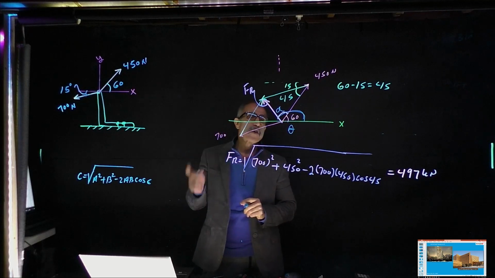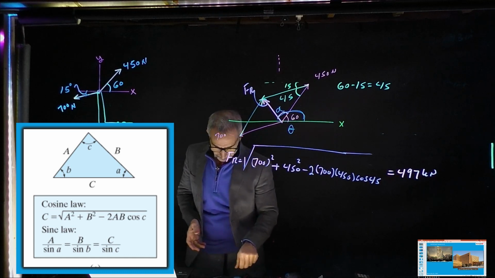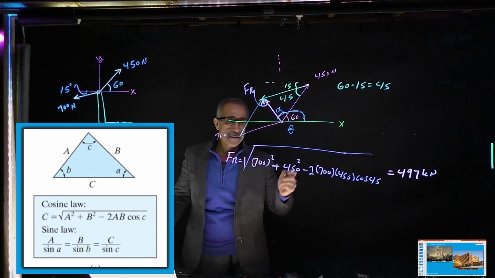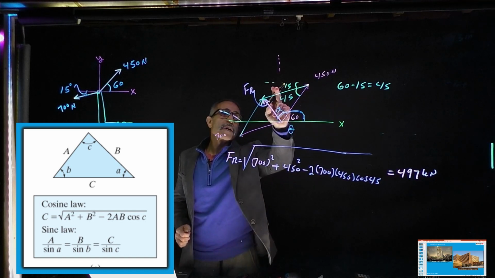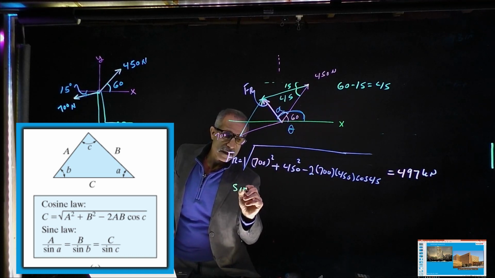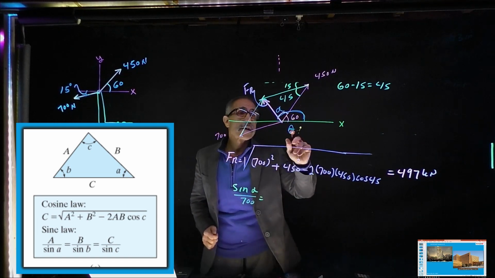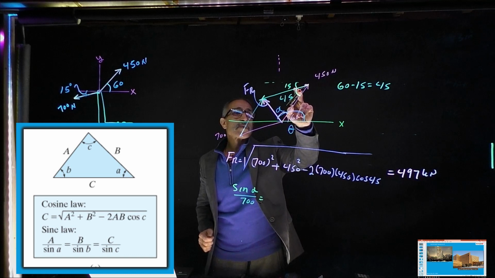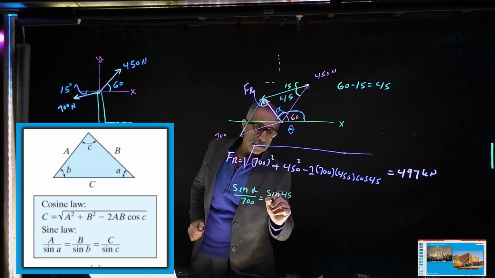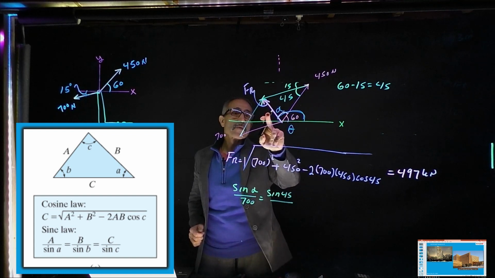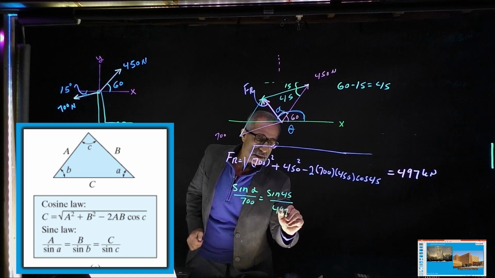Using the sine law again, we're going to say sine alpha divided by 700 is equal to, we knew this was 45 right here, sine 45 divided by this magnitude, which we just figured out, 497.